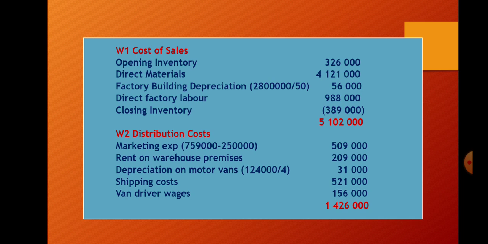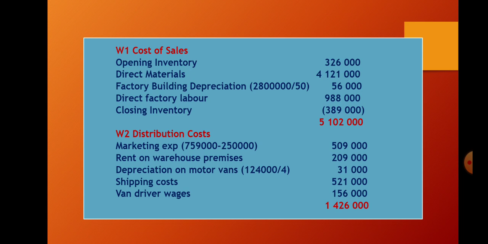So first is cost of sales. It can be also called as cost of revenue. It is the same. You need to take opening inventory plus the direct material or any expenses which you are incurring to produce the goods. Direct material, then factory buildings depreciation. This we need to calculate.